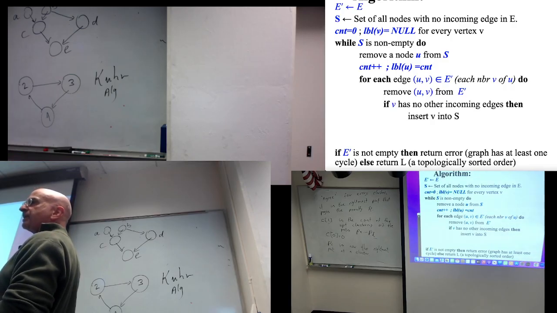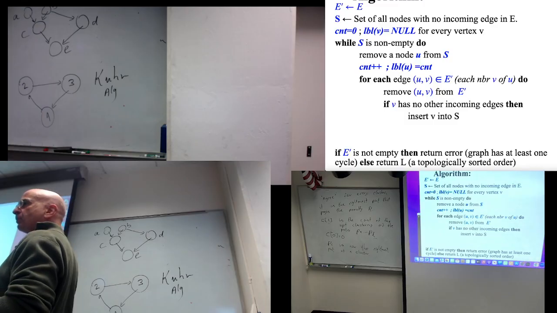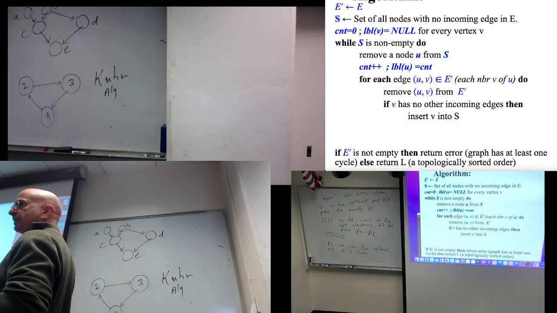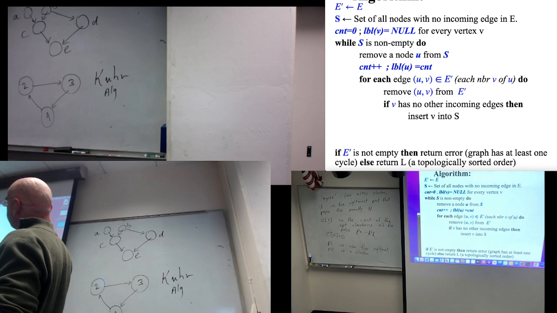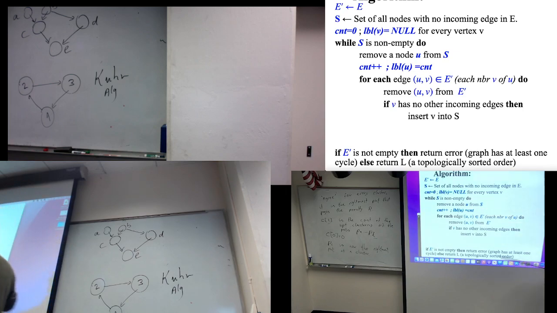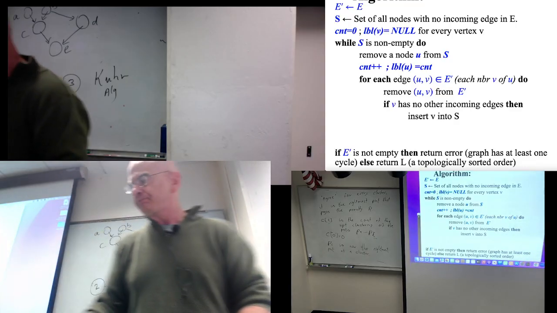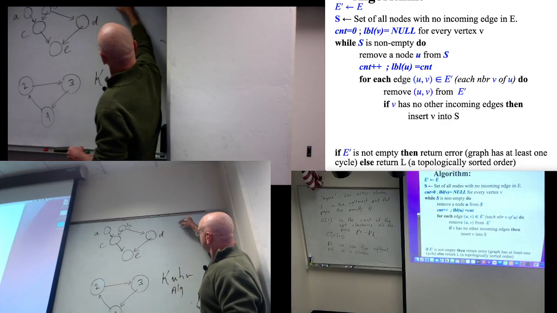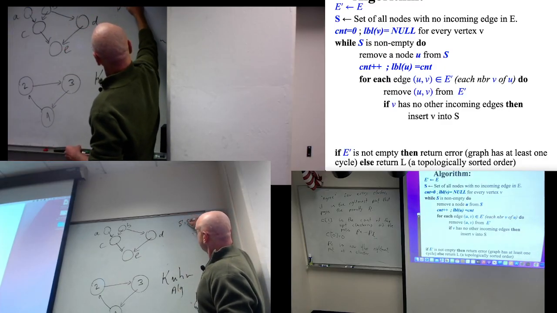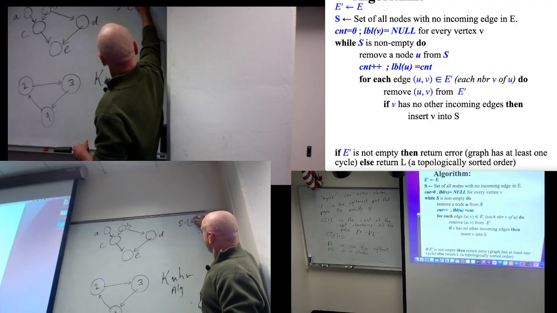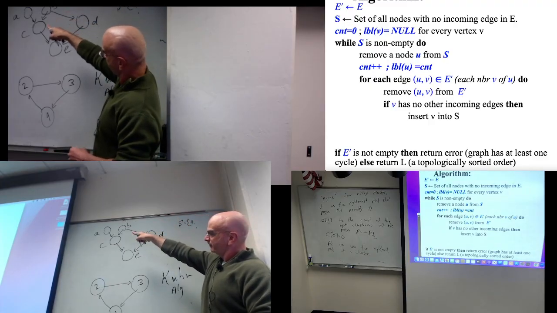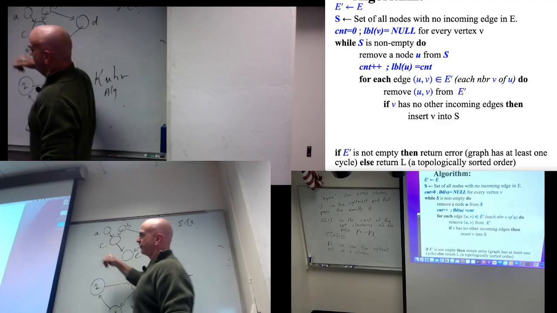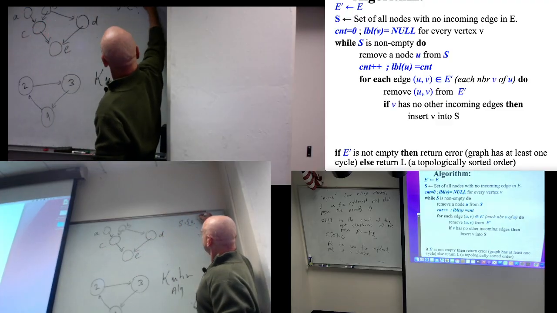And it's going to be a dynamic set because I'm going to delete edges from E prime. So E prime will start as just E, but I'm going to delete edges from E prime. At the moment, S contains whom? A. Nobody has an edge going into A, and B.